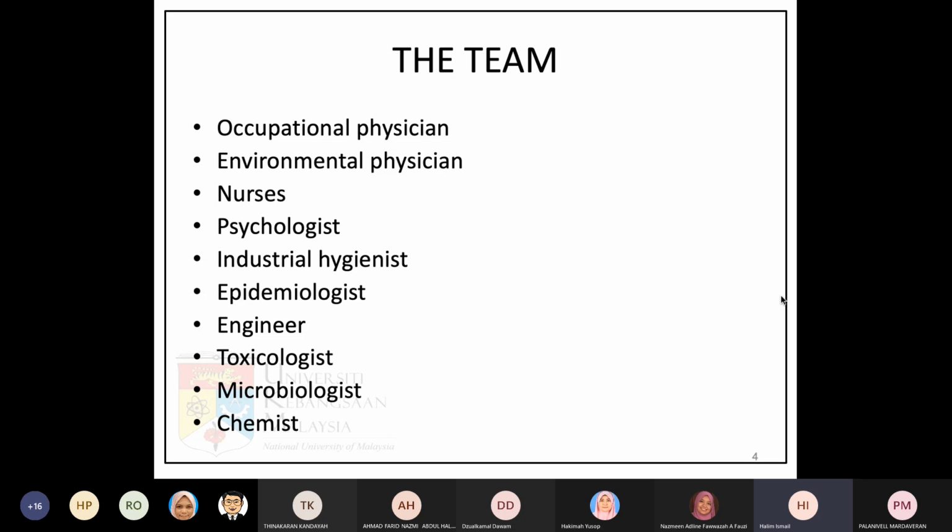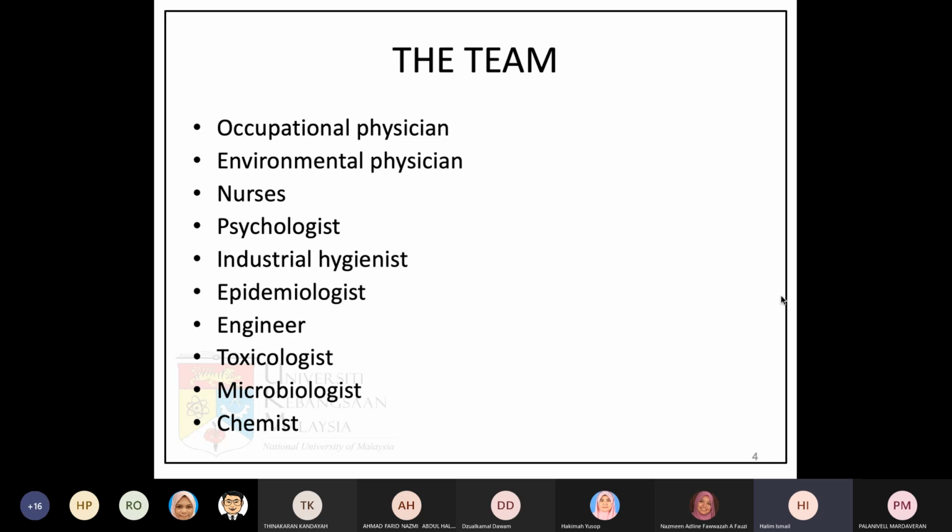These engineers are able to design a much better machine or equipment, okay, in order to protect the employees from hazards in the workplace. You can have toxicologists, which is important in making studies on chemical hazards, the chemicals and their hazard to human health.